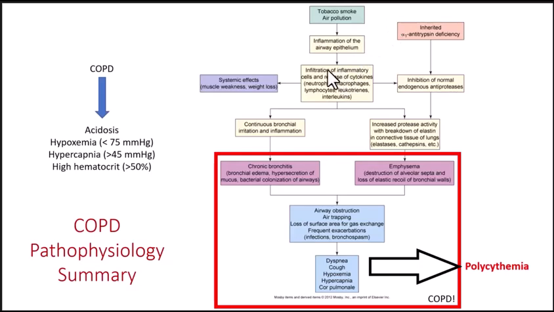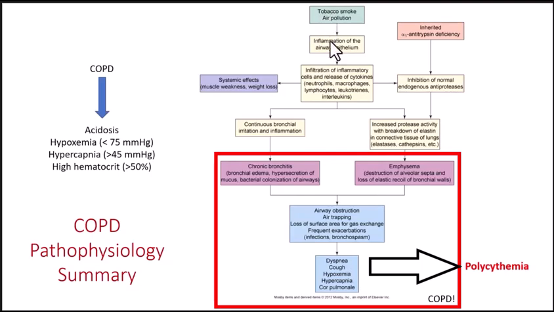We have our resident macrophages, and then we're going to release cytokines and call over neutrophils, other macrophages, lymphocytes. Leukotrienes and interleukins will also be released, all mediating this inflammatory response. And depending on the extent of the inflammatory response, it can lead to systemic effects, such as muscle weakness and weight loss in those that have pretty extensive inflammation.